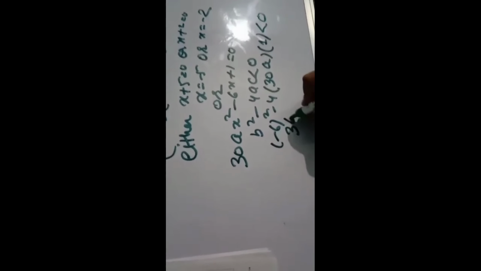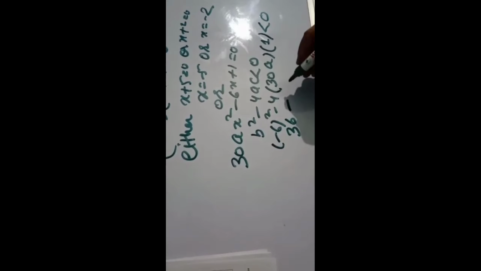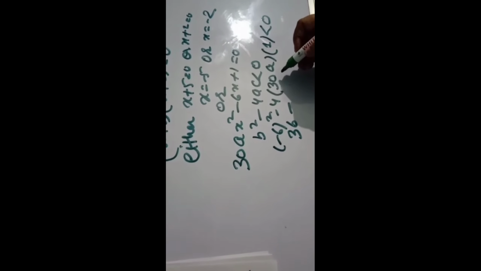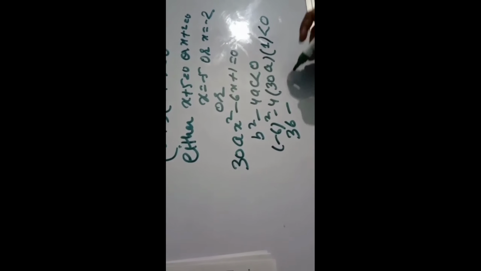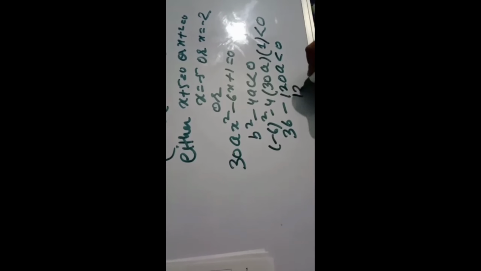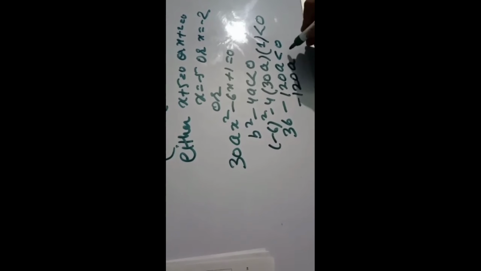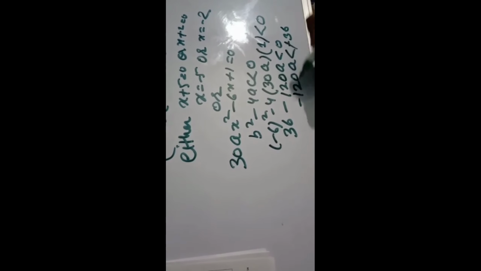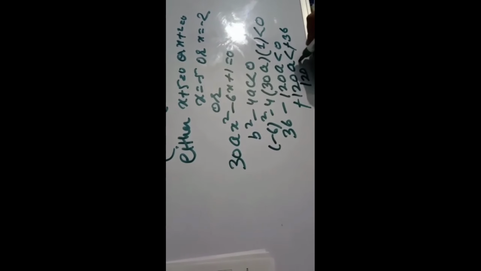Now 36 minus 4 into 30a, what will you get? 120a, which is less than 0. So 120a, and minus 36 will go to that side. Now whenever you are moving the minus, the sign is changing. So 120a is greater than 36.